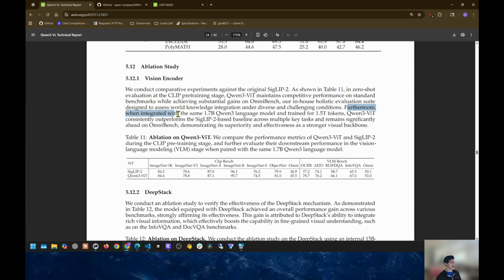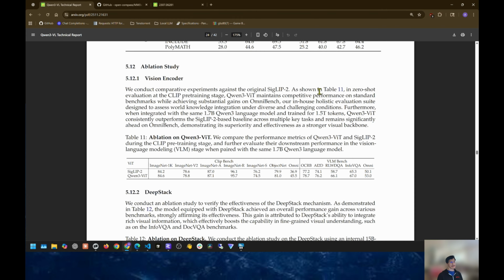Furthermore, when integrated with the same 1.7B Qwen3 language model and trained for 1.5 trillion tokens, Qwen3 Vision Transformer consistently outperforms the SigLIP2-based baseline across multiple key tasks and remains significantly ahead on OmniBench, demonstrating its superiority and effectiveness as a stronger visual backbone.